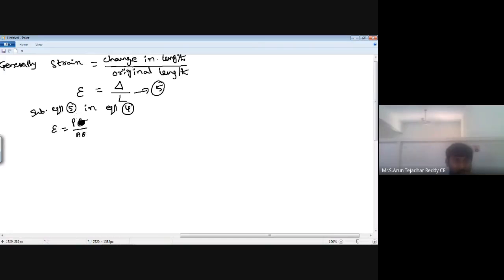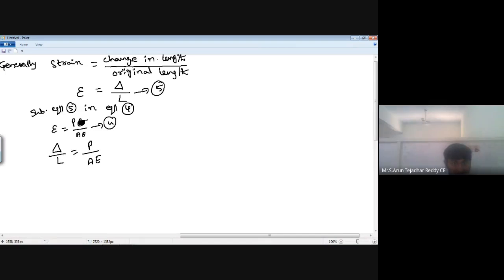So this is equation number 4 generally. Here substitute equation 5 in equation number 4. Generally this is equation 5, this equation 5 substitute in this 4. It means in place of strain just substitute delta by L. Delta by L is equal to P by AE.